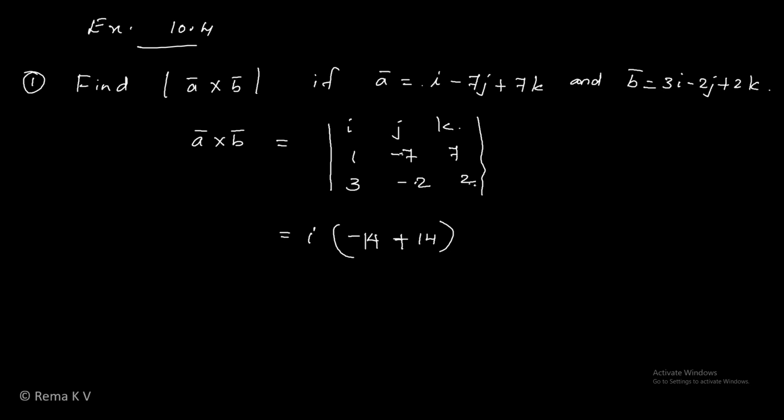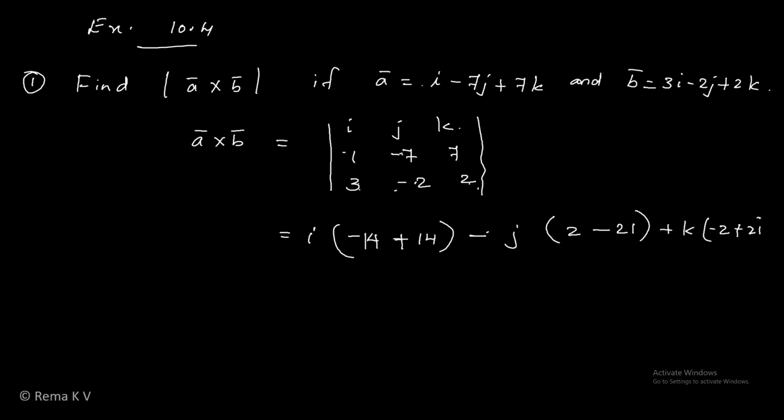i into minus 14 plus 14, minus j into 1 into 2, it is 2, minus 3 into 7, it is 21, then plus k into 1 into minus 2, it is minus 2, minus 3 into minus 7, it is minus 21.